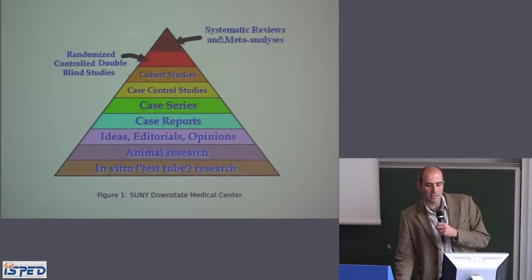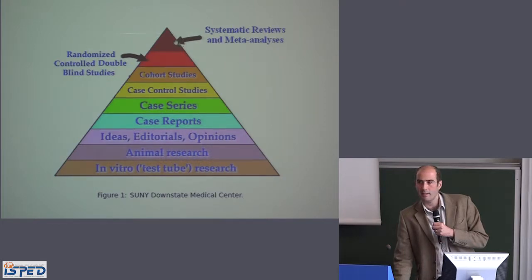So you have your systematic reviews and meta-analyses at the top of the hierarchy. These review clinical studies and come up with an overall opinion. Randomized studies, observational studies. Then worse than any of these studies are ideas, editorials and opinions.